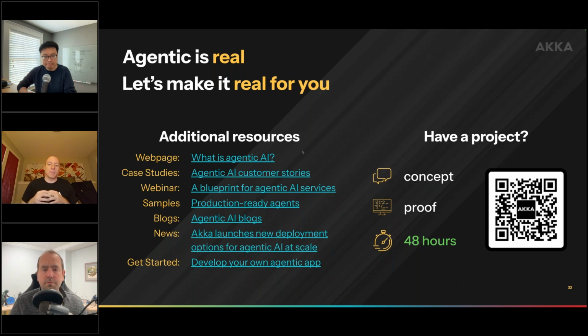And what we do is we give all the agentic samples already packaged as Docker solutions, so you can create an account at Akka.io, deploy that sample, scale it up, and then go to the repo and see the code as well. What we haven't done yet is enable a Gitpod or a coder.com or a Replit sort of environment. So it's one of those two combinations.